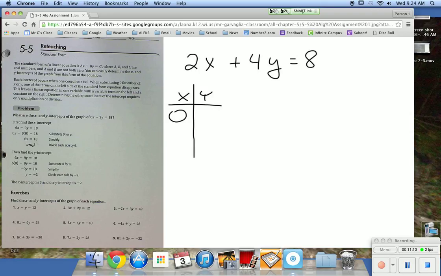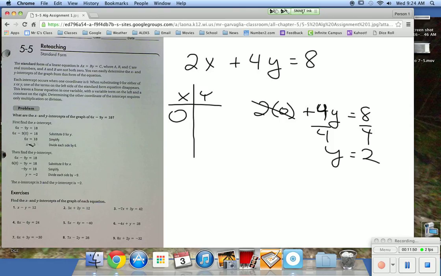We put a 0 in for x, and then we solve. 2 times 0 plus 4y equals 8. What's 2 times 0? 0. So this just goes away, doesn't it? And then we divide by 4 on both sides. Divide by 4, y equals 2. Put 2 in. We've got our first point.